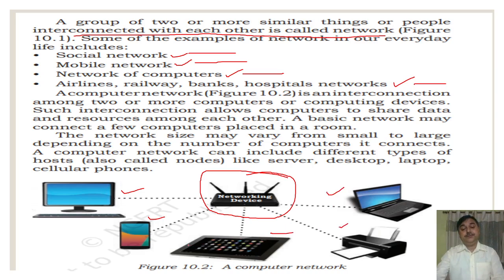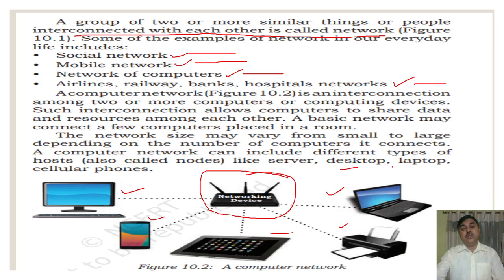So tab, note, everything we are all using. We are using different types of devices of different sizes. All those devices we are working with, we are doing the interconnection with them.